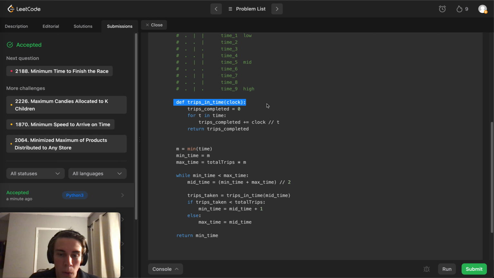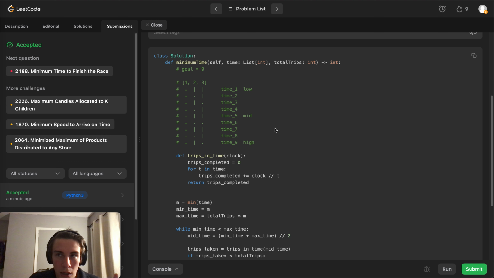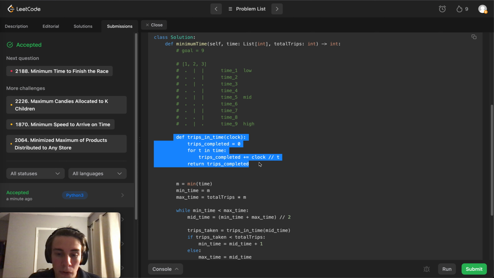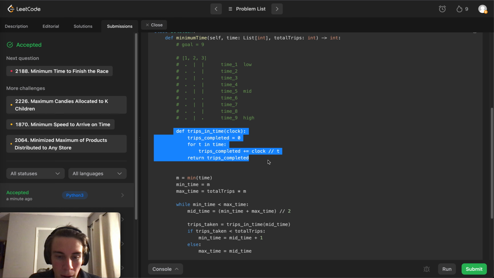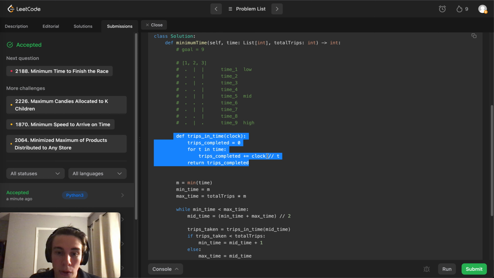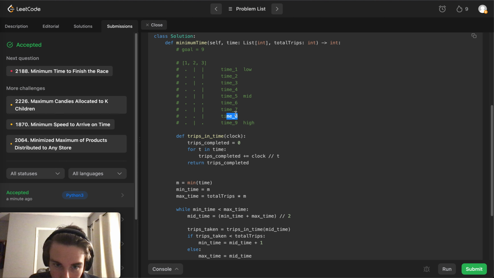We have a way to get the number of trips in a certain time. The function for that is pretty simple, and we've defined it even in the first iteration of the program, right? And then the approach that we used to take is to just iteratively go through each single time slot and find if we have the correct time or not, right?